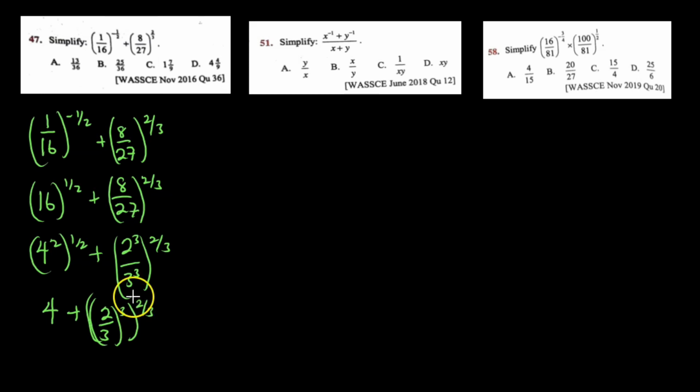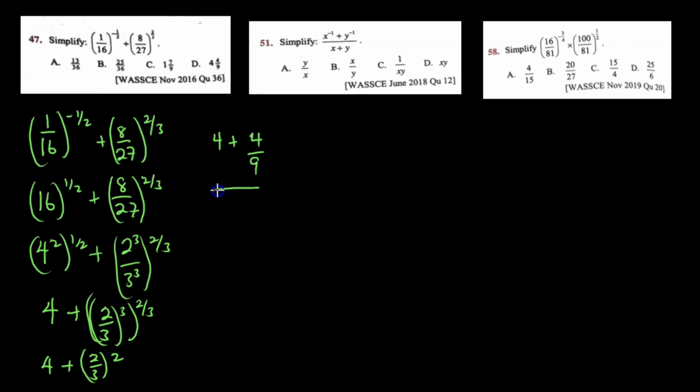Now going further, it will be left with 4 here, plus, what do we have here? This is going to be 2 on 3 all raised to the power 3. Then we can raise it to a power of 2/3. So we have 4 plus, that is going to be left with 3 multiplying 2/3. It will be 2 on 3 all raised to the power 2. So when you simplify, you have 4 plus 2 squared is actually 4 all over 3 squared is 9.